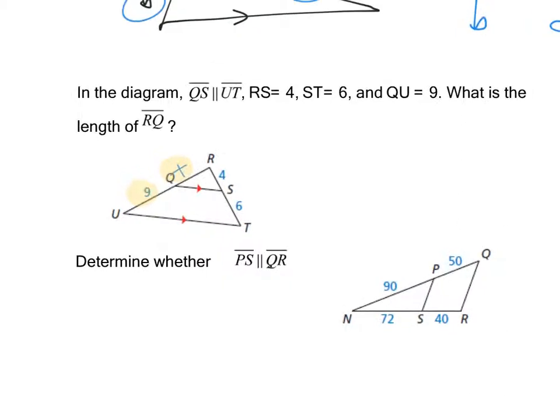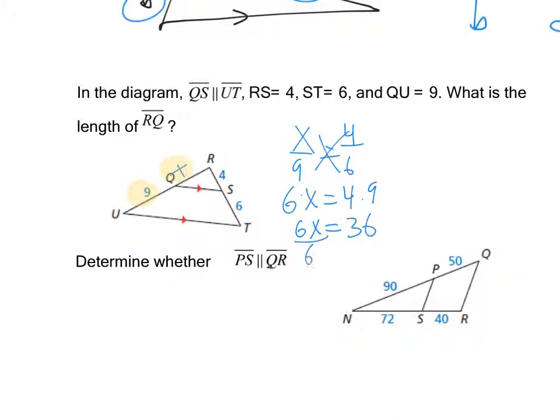All right, we got X over 9 equals 4 over 6. We can cross multiply that. And so 6 times X equals 4 times 9. Cross multiplying in proportions. 6X, 4 times 9 is 36. Let's divide, and we get X equals 6.